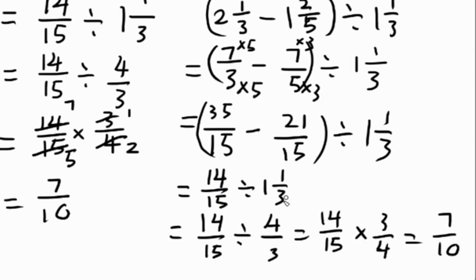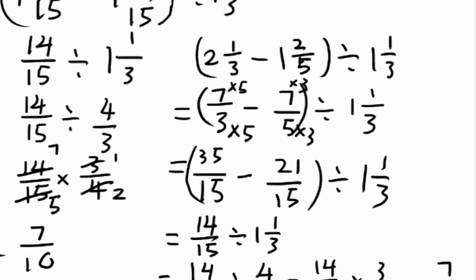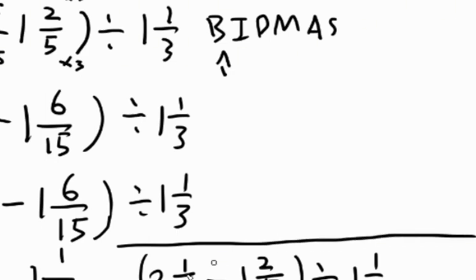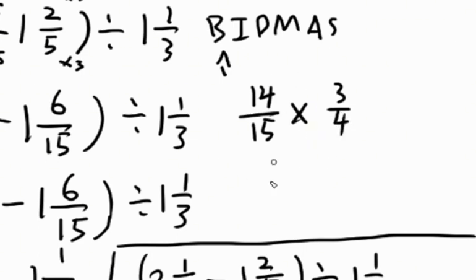Well, if you don't want to simplify it like this, we can still get the same answer. So 14 over 15 multiplied by 3 over 4, we can just multiply it like usual.